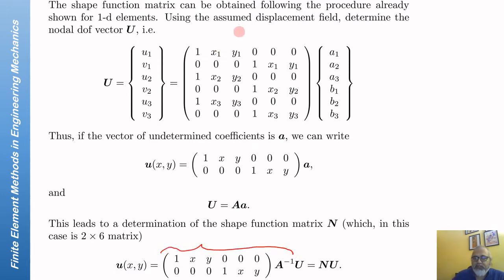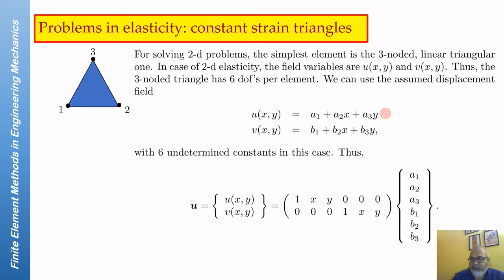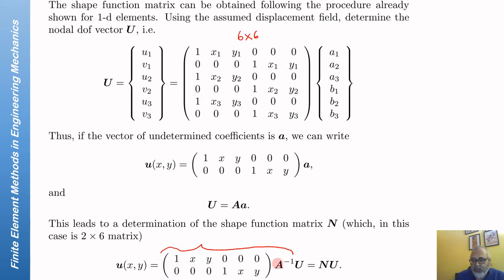We first form this 6 cross 6 capital A matrix, which is formed by the elemental nodal coordinates, and then we have this, which comes from the assumed displacements that we have taken, from the fact that we have taken displacements which are linear in x and y, and that's how we get this matrix. The product of these two matrices gives you the N, which is 2 cross 6.